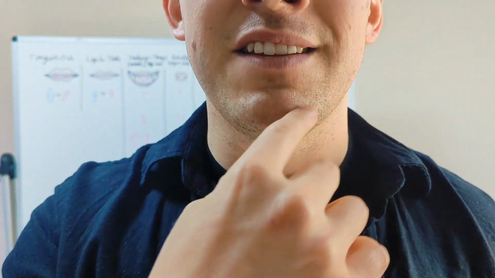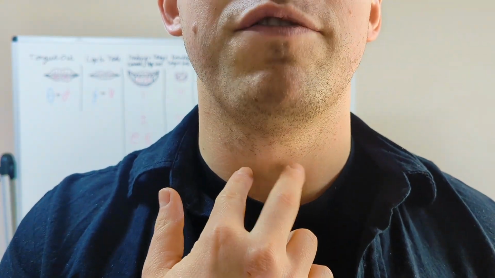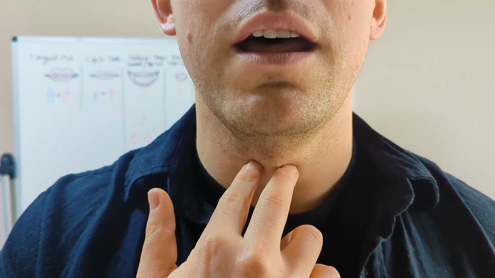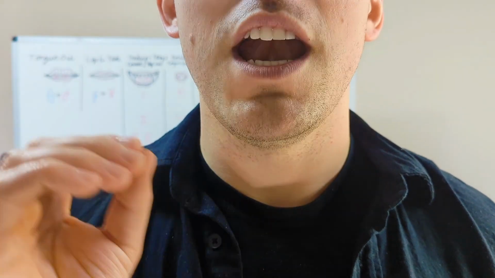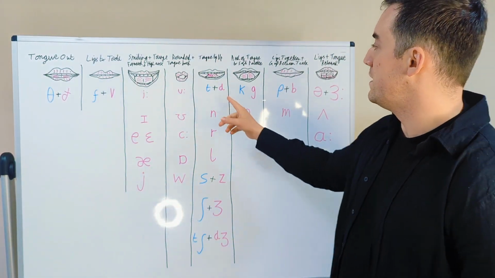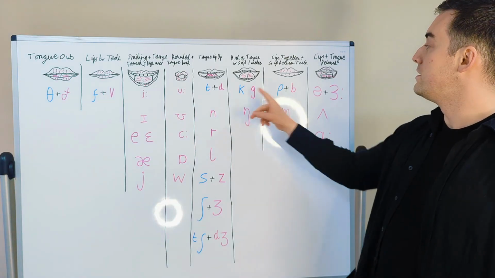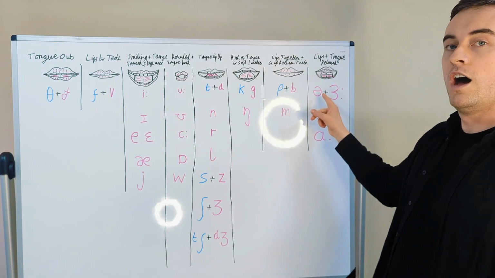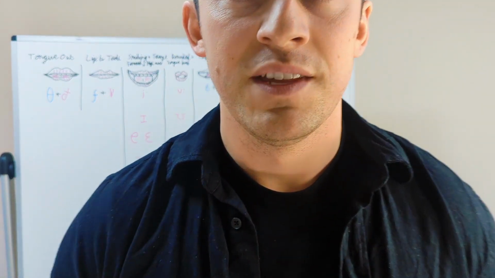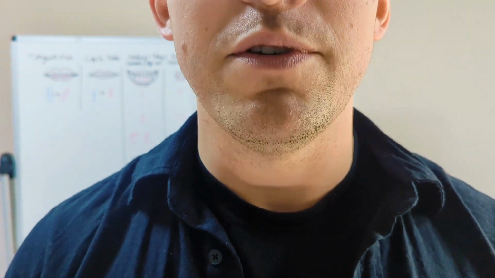Next, exactly the same mouth position and airflow for the D, but you're going to phonate: D, D, D. Not T, just D, D, D. And we just want D, T, D. And for the D, you can have a bit more of a gap between your teeth.